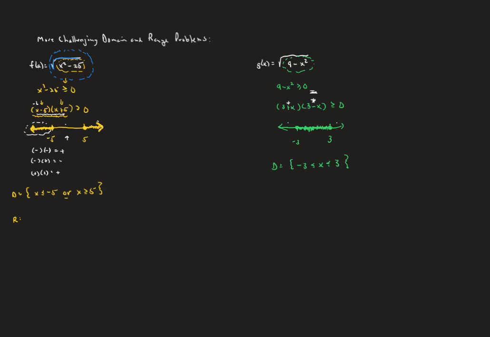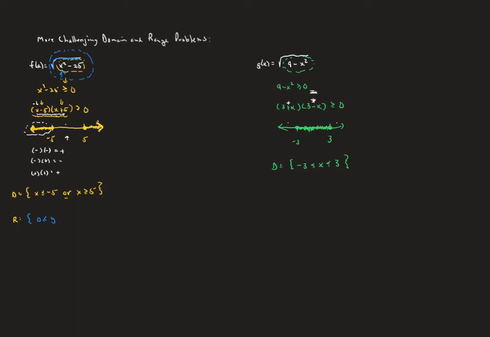If we start taking the square root of a negative, then it's not defined. So the smallest this could be is 0, and that will in fact equal 0 when x is either 5 or negative 5. So for a range, it is going to be equal to 0, but not smaller.